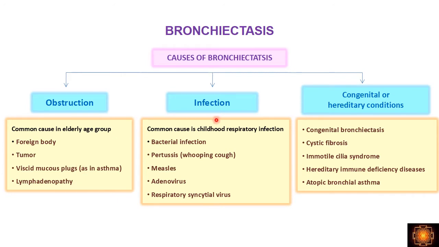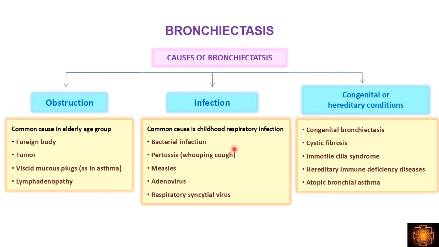Then infection is the most common cause when the patient has childhood respiratory infections, mainly because of bacteria, or because of pertussis, measles, adenovirus, or respiratory syncytial virus. In these conditions, the patient will have the childhood infection and later develops bronchiectasis.